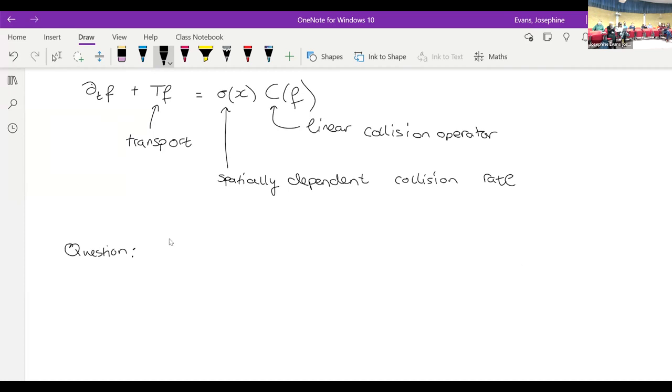So the question Helge and I were looking at, asking about these types of equation, is how can we choose sigma to get the fastest rate of convergence to equilibrium?